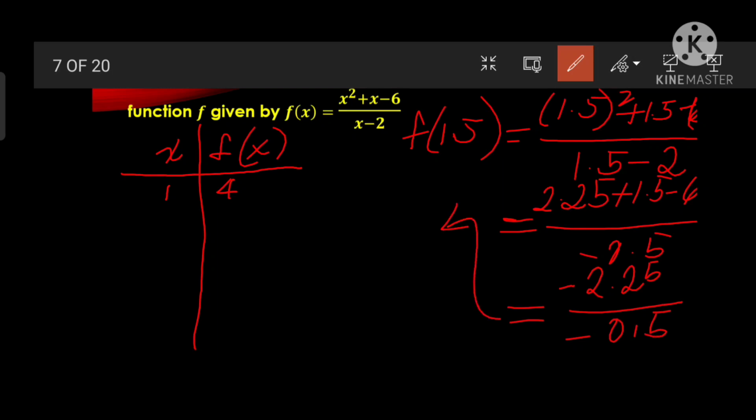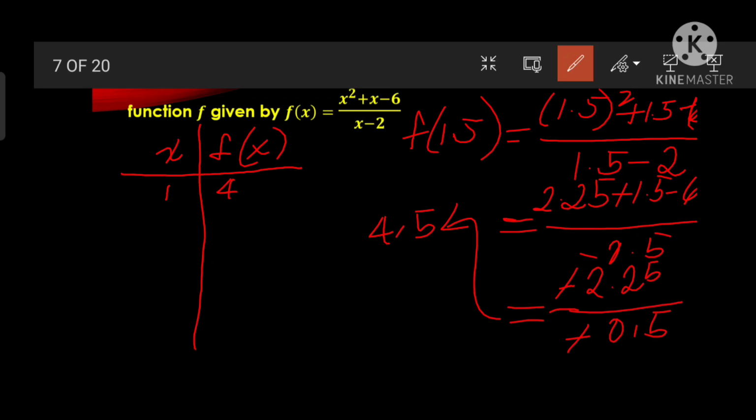Then, since both the numerator and denominator are negative, we can cancel this out. That means 2.25 divided by 0.5, and that is equal to 4.5.